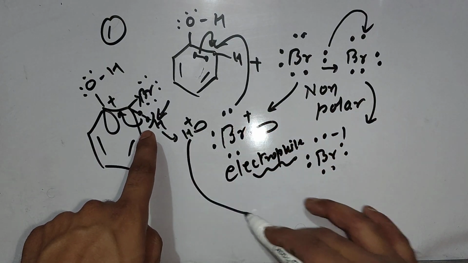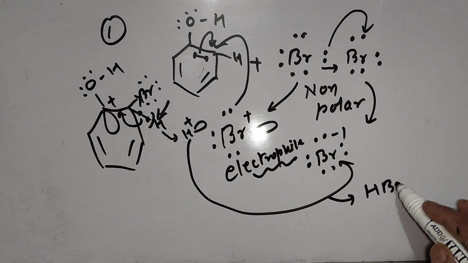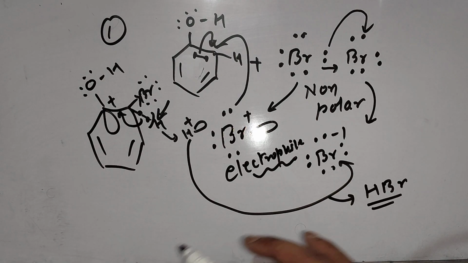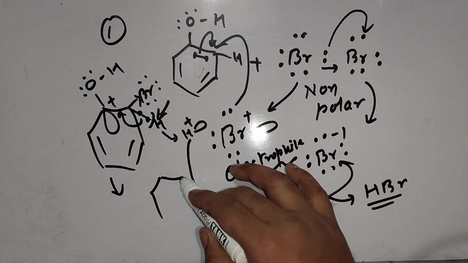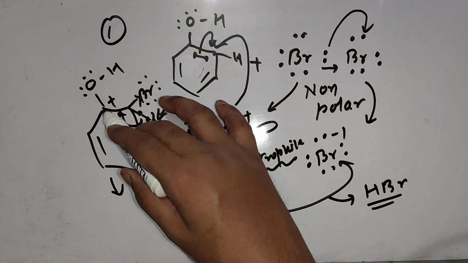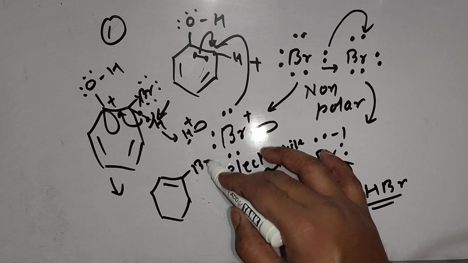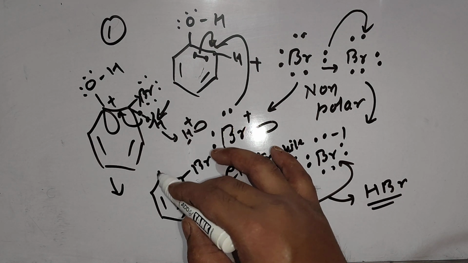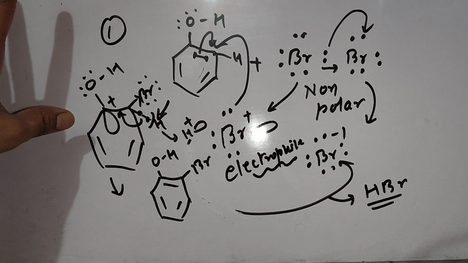This H positive will combine with Br negative to create HBr, and finally this molecule will turn to, between this carbon and this carbon a bond will generate. Here now we don't have hydrogen, only Br will be there, rest of the molecule as it is, OH as it is, orthobromophenol.